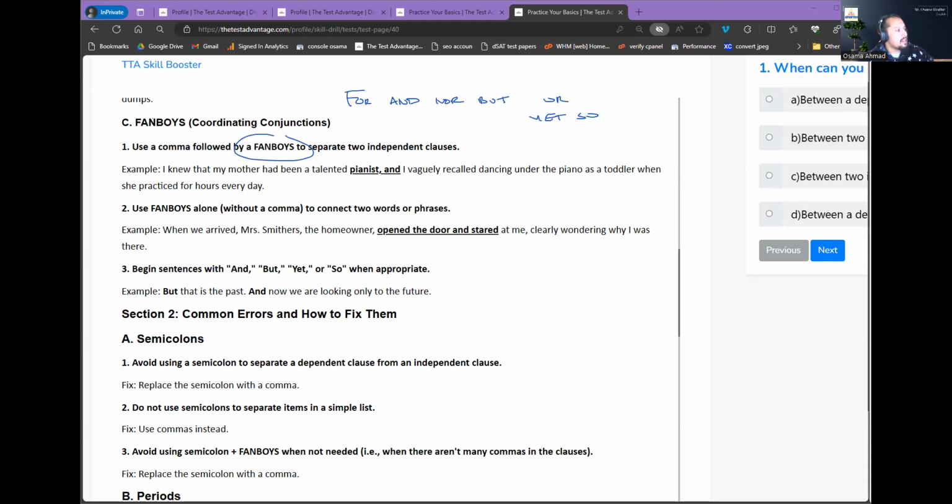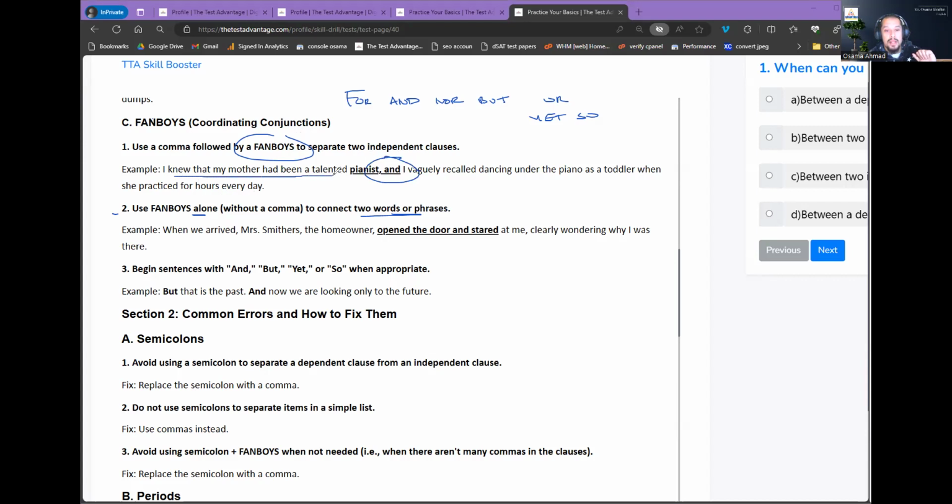Just remember that. Two independent ideas. I mean, nothing else is more unique than that. Use fanboys alone, they'll connect two words. So remember, comma fanboys, two independent ideas.